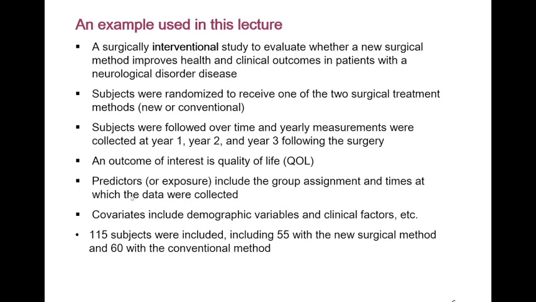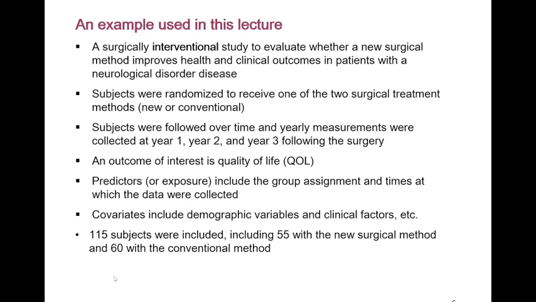In some literature or articles you are reading, they may use predictors, explanatory variables, covariates, and exposure interchangeably, but just understand that here, our primary predictors are the group assignment, for example, treatment group, and the times. And the covariates here refer to the background variables, demographic information, clinical factors. Later on, I will tell you that these covariates can play many different roles.